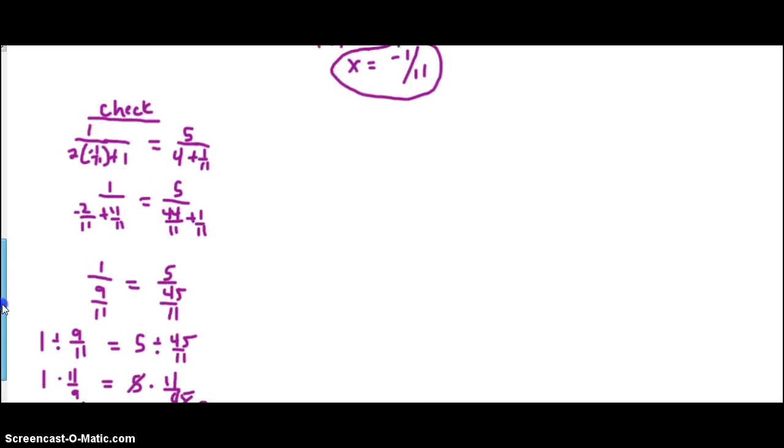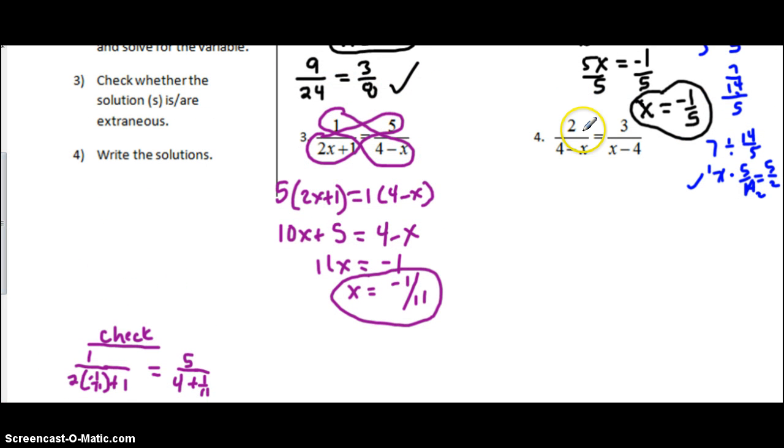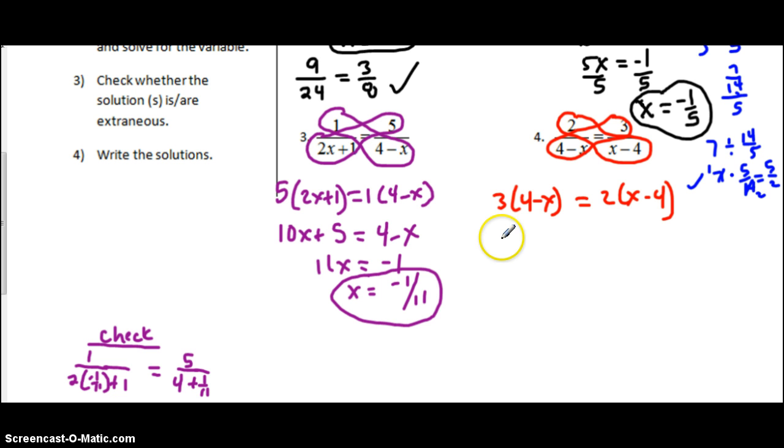Okay, one more before we try another method, and I'm going to change colors. Let's do red. We're just going to cross multiply here. 3 times 4 minus x equals 2 times x minus 4. We multiply that through: 12 minus 3x equals 2x minus 8.